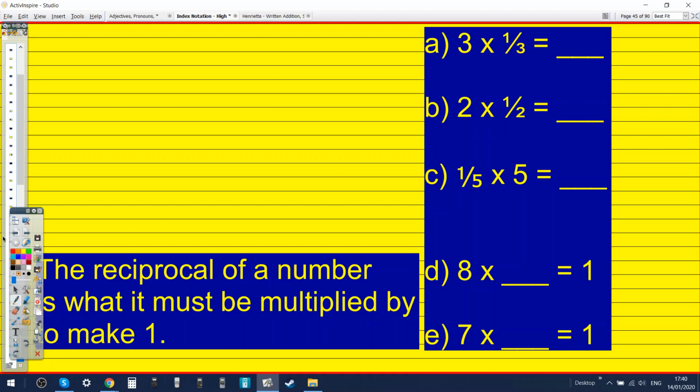Okay, let's try these. 3 times by a third. And what is 3 divided by 1? 3 divided by 1 is 3. Yeah, so another way of writing 3 is 3 over 1 times 1 over 3.